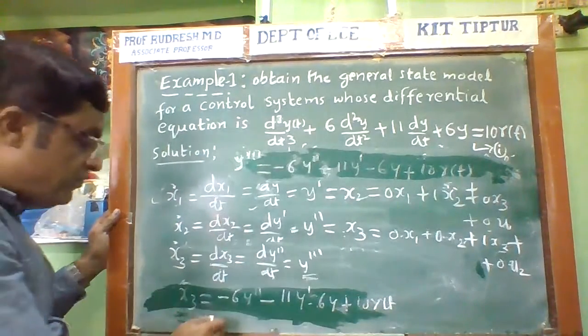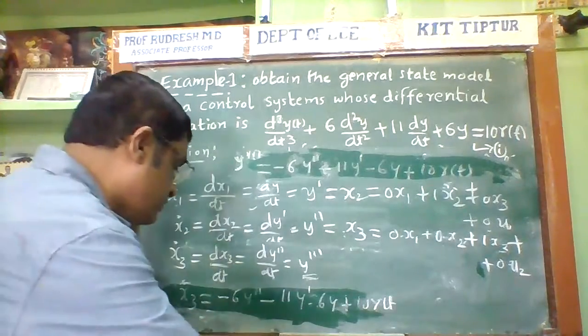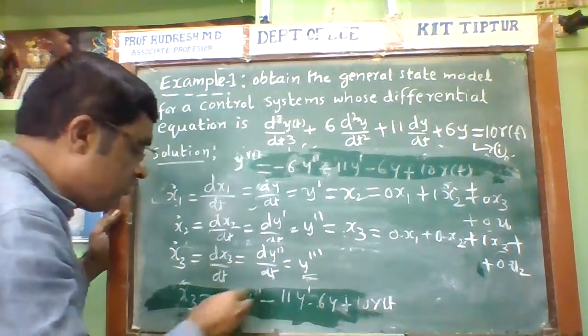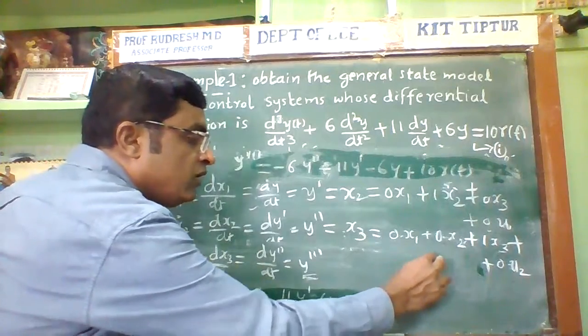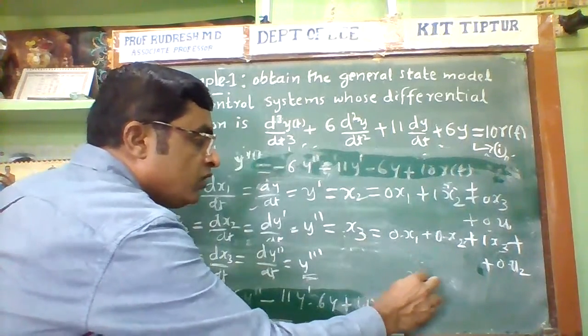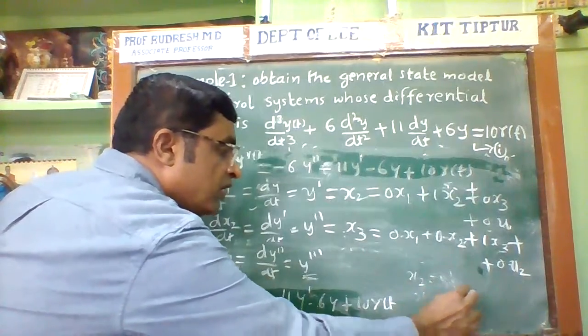Now what is the value of y double dash? x1 is equal to y, x2 is equal to y dash, x3 is equal to y double dash.